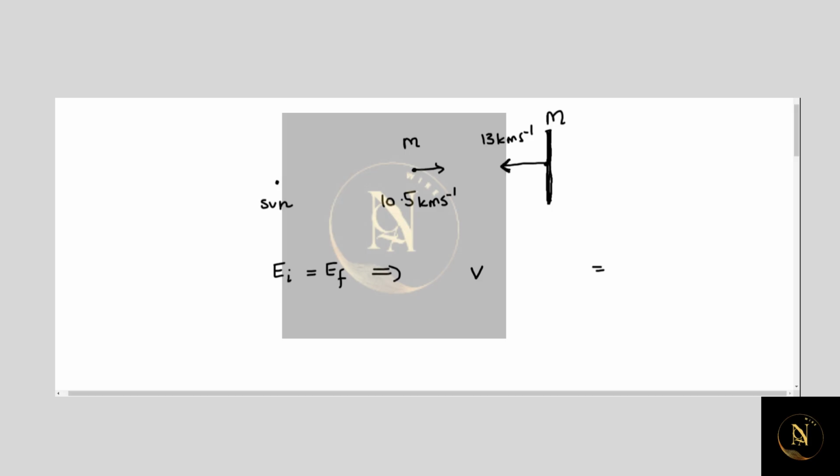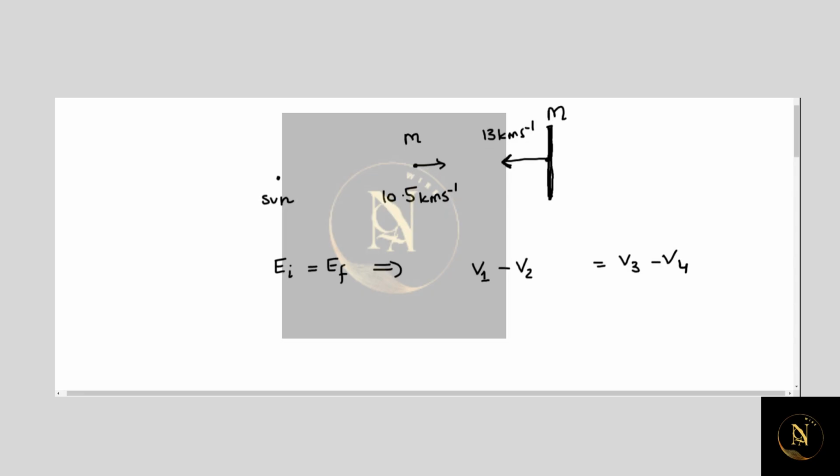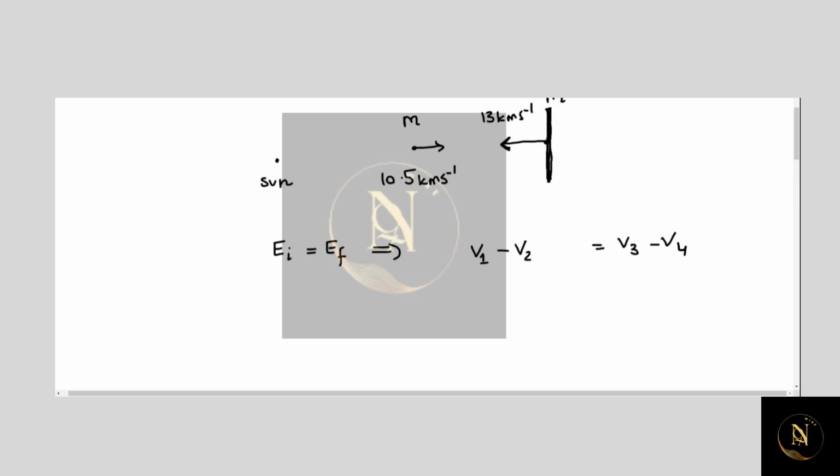So we're going to let v1 be the initial velocity of our spaceship, and that subtracted from v2, the initial velocity of our barrier, is equal to v3, the final velocity of our barrier, minus v4, the final velocity of our spaceship.